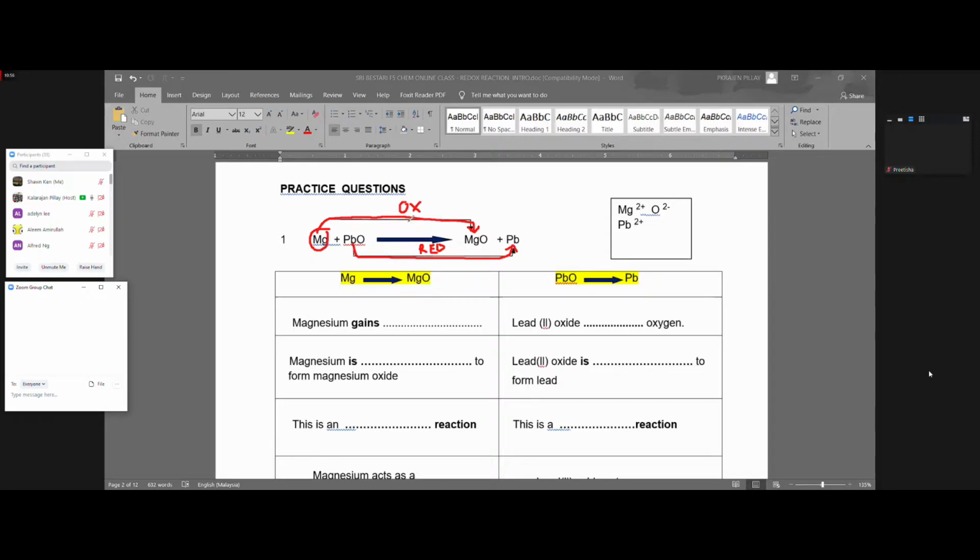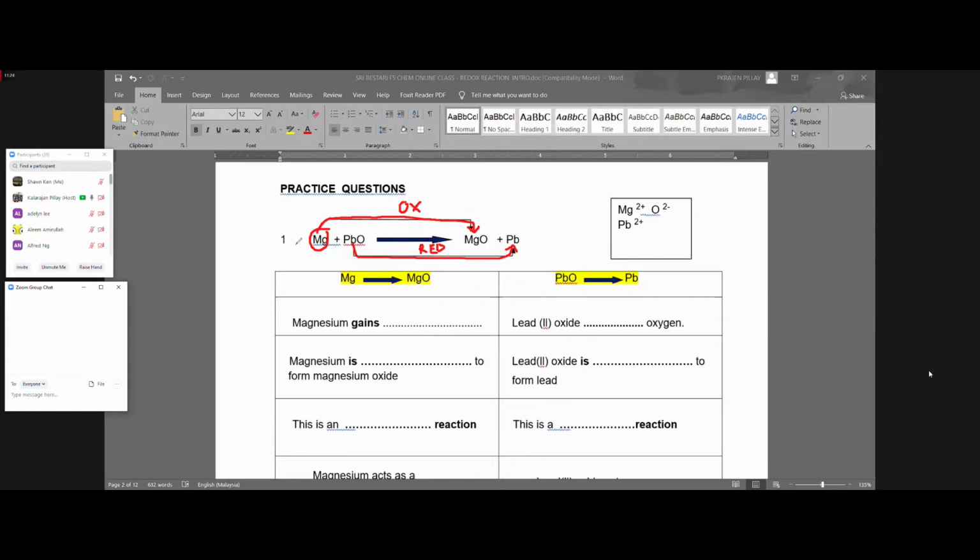Okay, now you see this reaction now. Magnesium becoming MgO. Can you see now? So magnesium was oxidized to form magnesium oxide. So this must be your oxidizing agent, because magnesium reacted with this and it became oxidized. Can you follow me? All right, I repeat again, because this one is quite important. These two reacted.